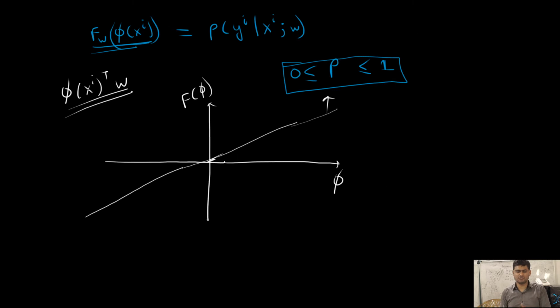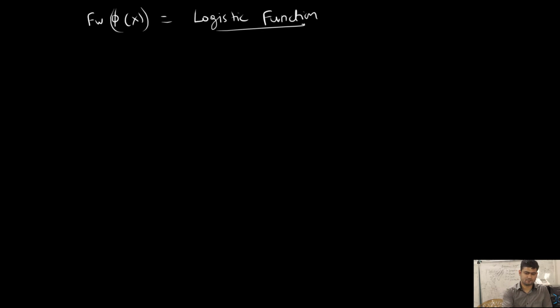So today we are going to consider a special function known as the logistic function that satisfies this property. That's why the name of the algorithm is logistic regression. So now let's see what a logistic function is.